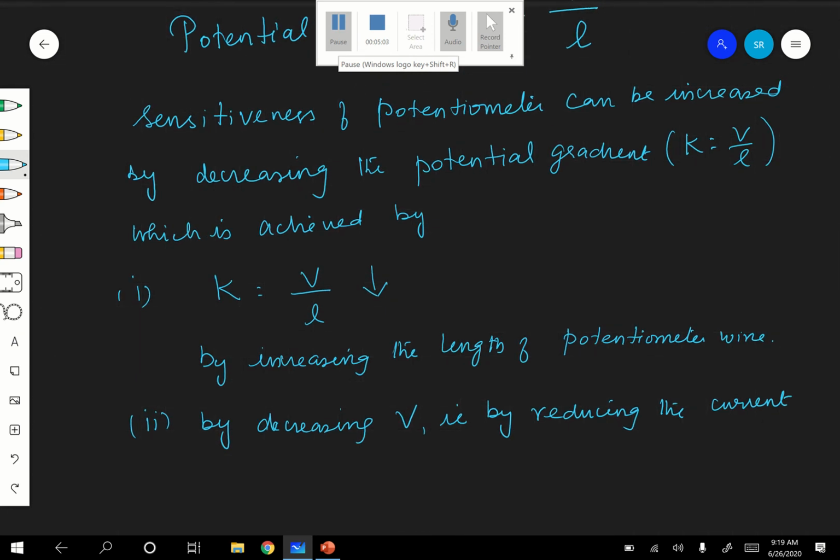See, it is the potential gradient of the wire only, the potential per unit length of the wire. Potential drop across the wire can be reduced by reducing the current in the wire.